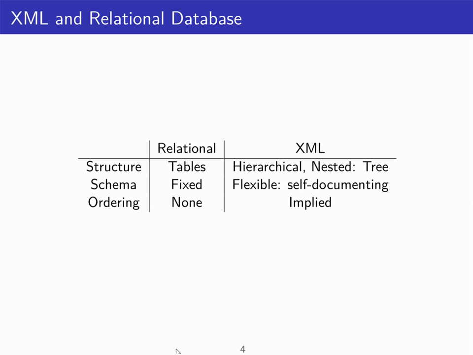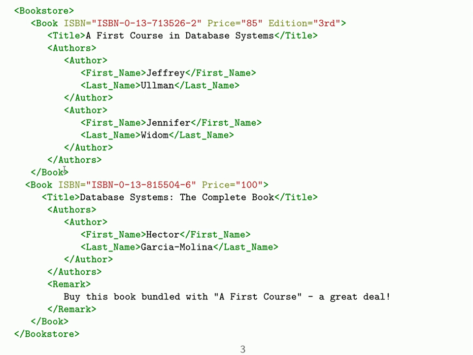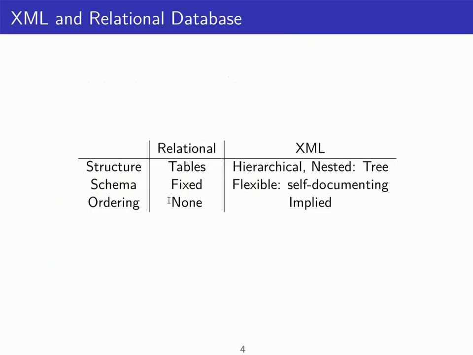The structure of an XML document is hierarchical and nested. So in a way, we can see it as a tree. For example, the element bookstore will have two children, two books, and a book will have two children, title and authors. If we take into consideration the references we may introduce later, the XML file can also be regarded as a graph.